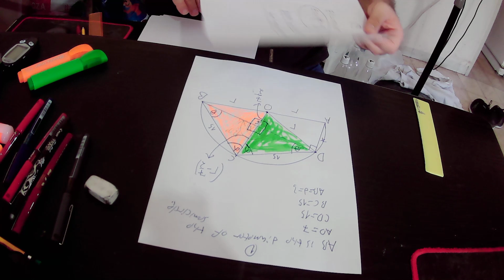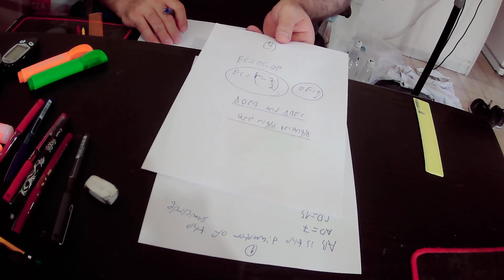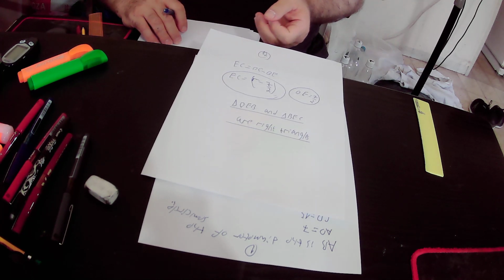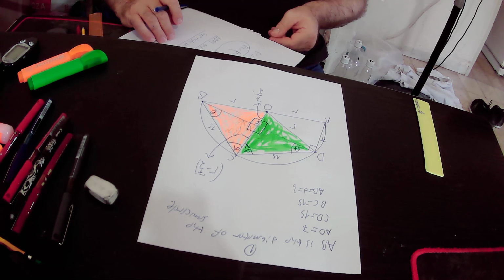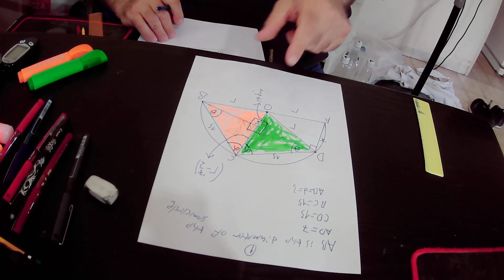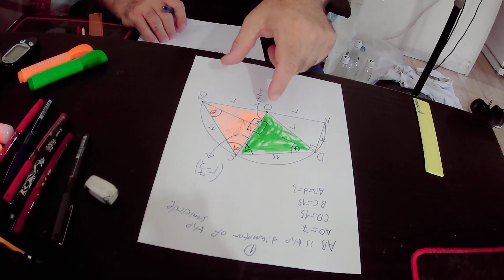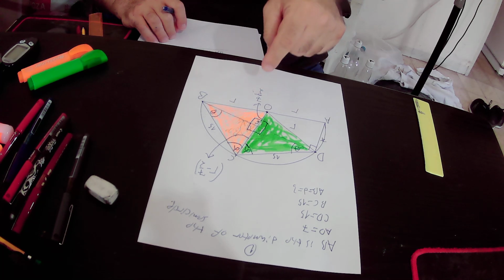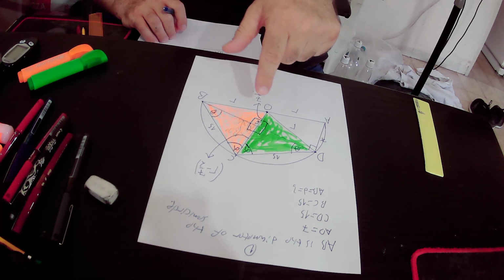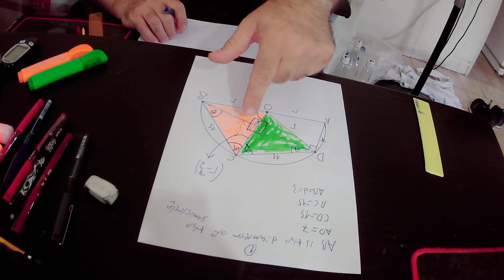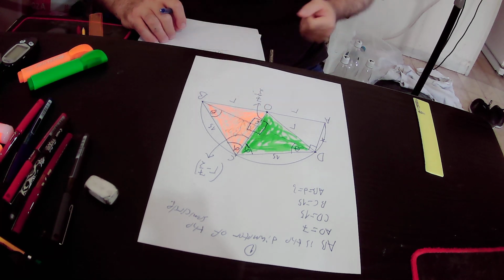So triangles OEB and BEC are right triangles, and side EB belongs to both those right triangles. It belongs to the right triangle OEB, and also to the right triangle BEC.